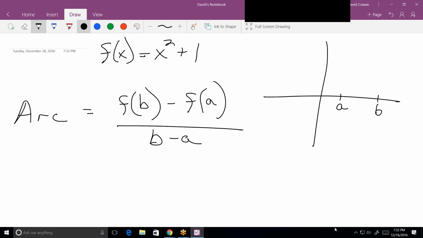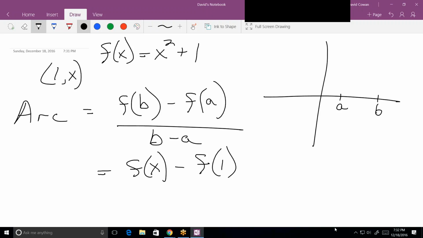So they said between 1 and x, right? So it's f of x instead of b, minus f of 1, all divided by x minus 1.